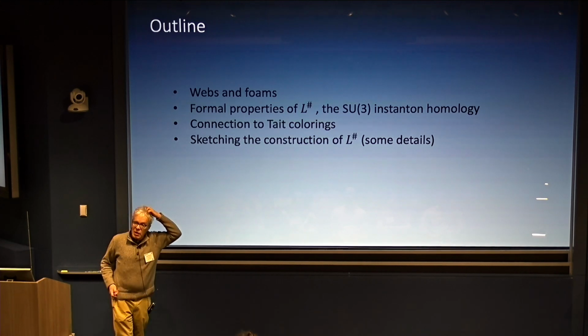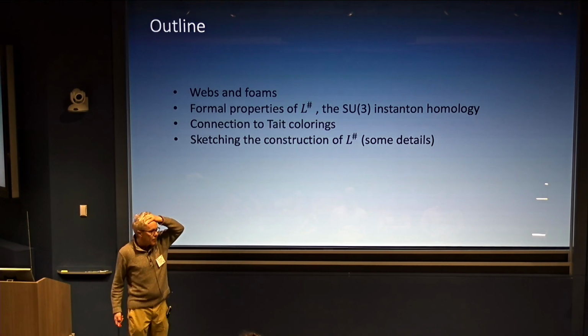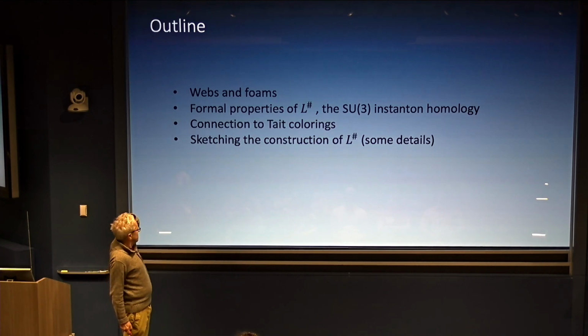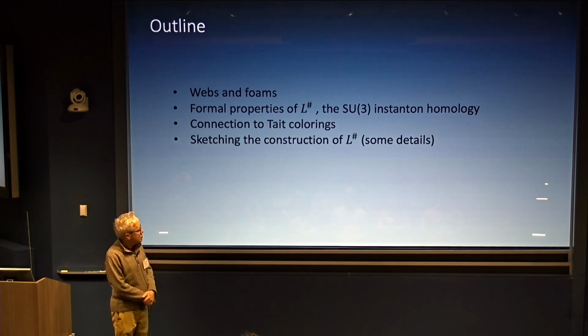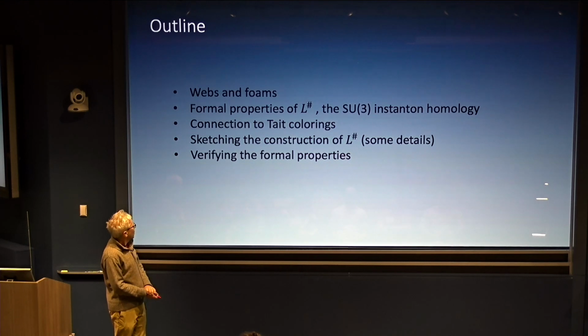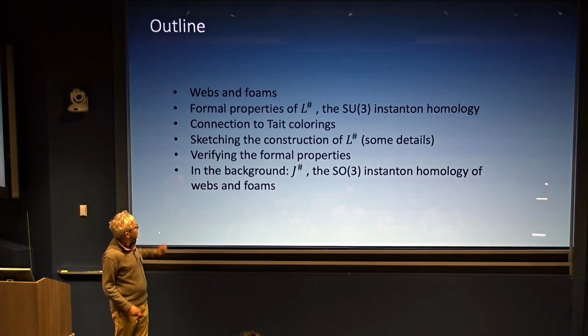The construction of L-sharp involves gauge theory. I won't talk about many details of that construction, but I'll talk about enough to keep it honest. The formal properties I'll spend more time on and try to explain where those come from.